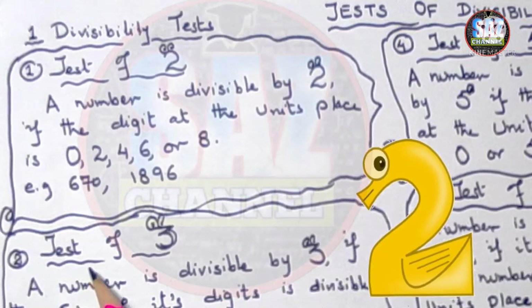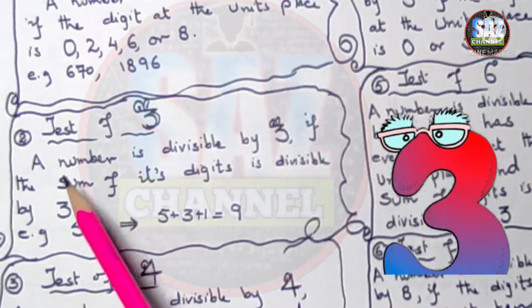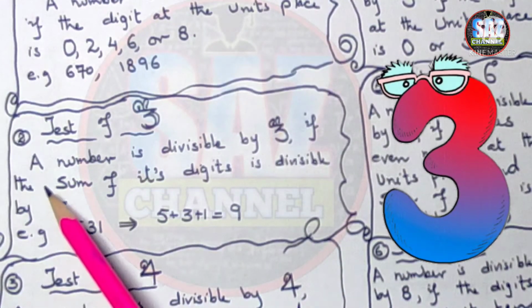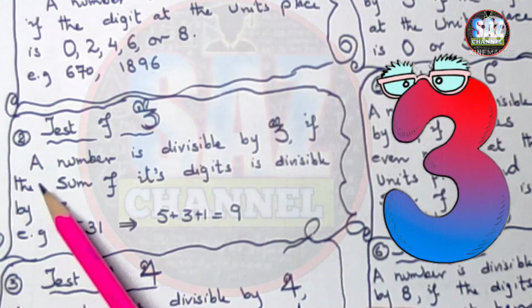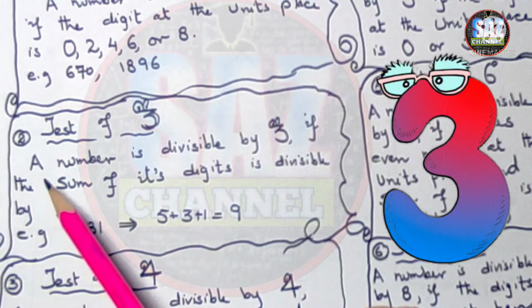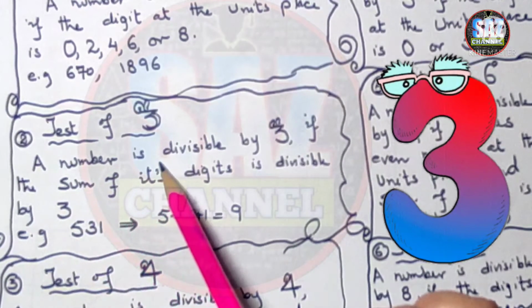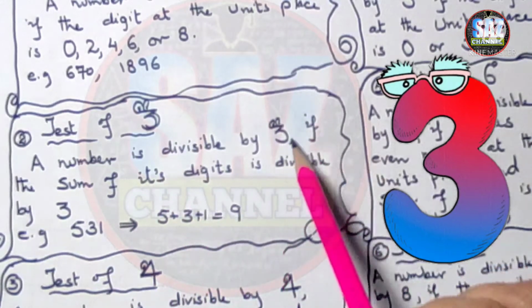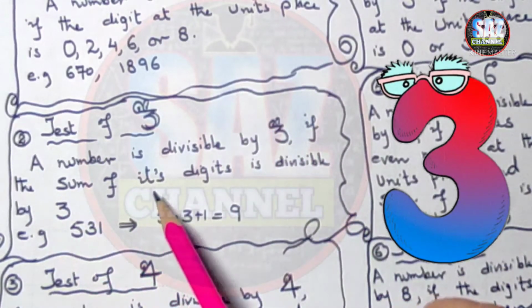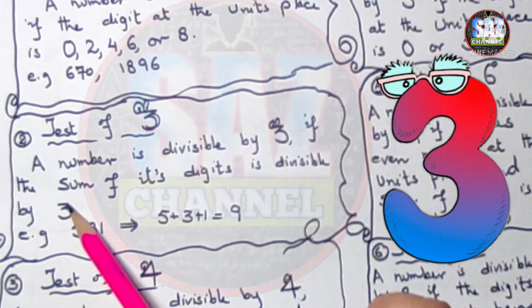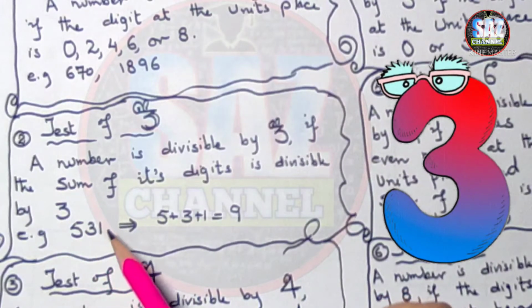Moving to the test of 3, let's see, juniors, what the divisibility test for 3 tells us, how a number can be divisible by 3 and how to check that. A number is divisible by 3 if the sum of its digits is divisible by 3, okay? What does that mean?